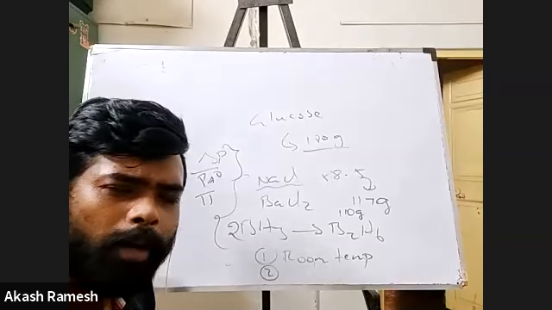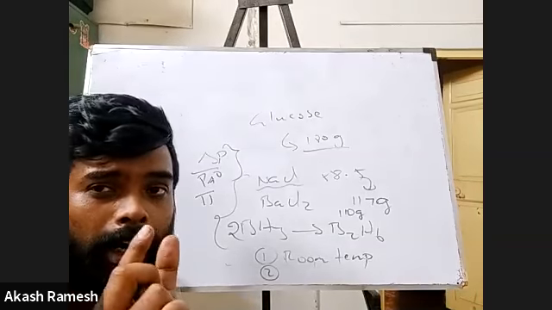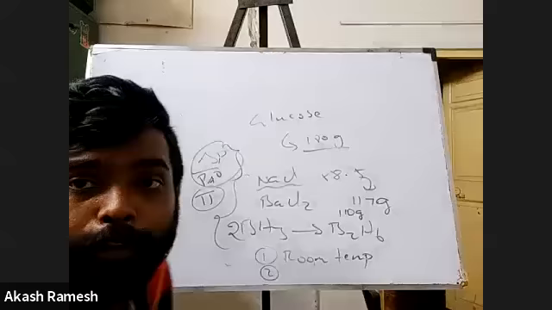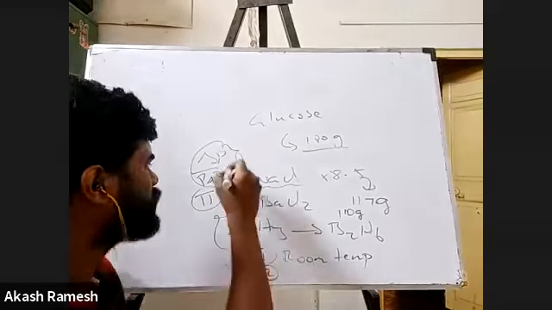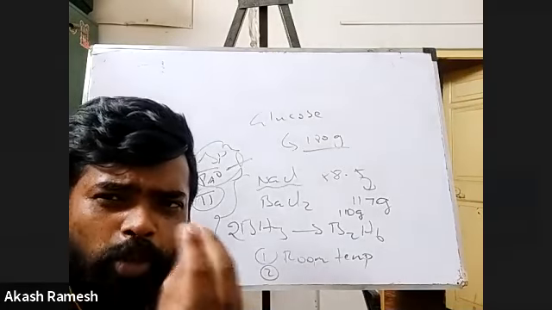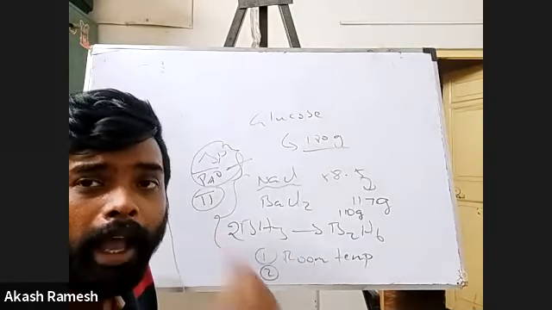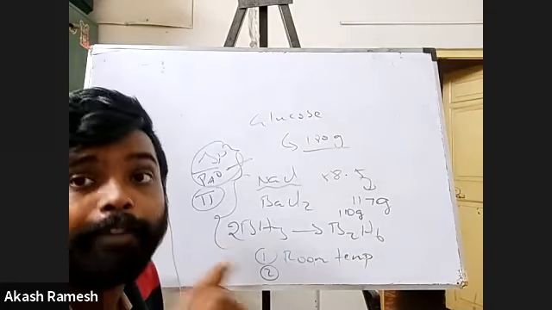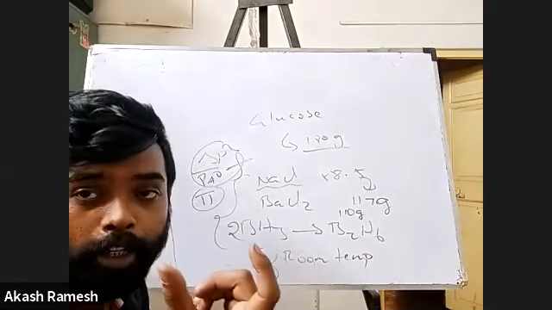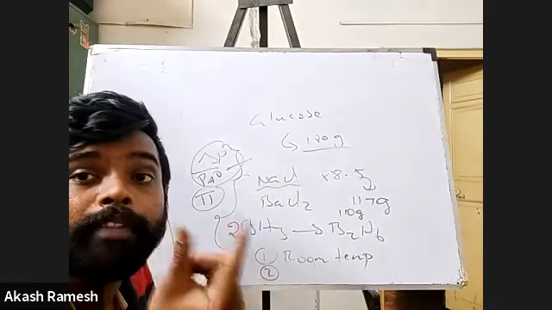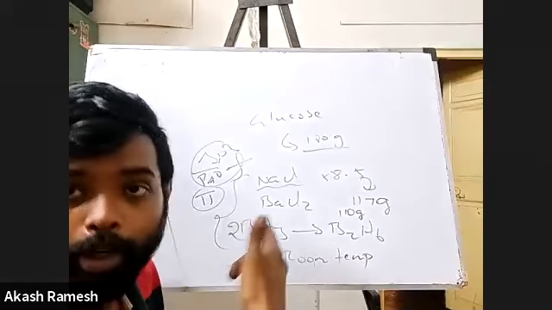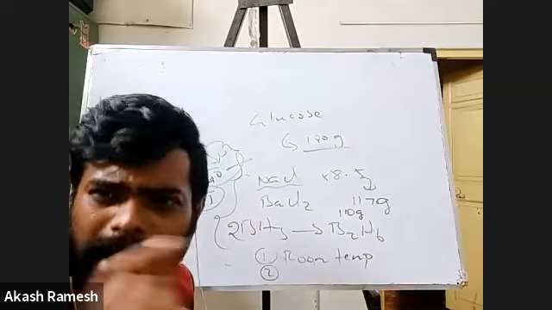Now, please understand, if you compare the values of these two, the relative lowering of vapor pressure, delta P divided by PA naught, is a very small value, and measuring it will be very difficult. But osmotic pressure will be a significant value.